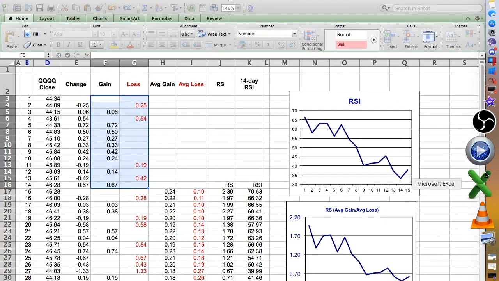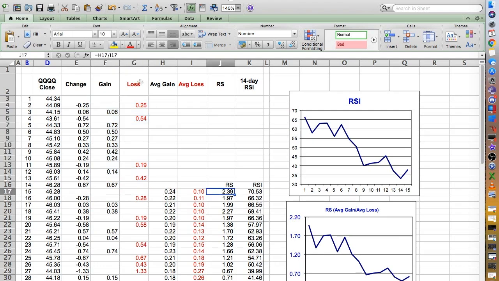So that's exactly what the RS does. So you have the average gain of all these days, then you have the average loss of the previous 14 days, which gives you the RS value.